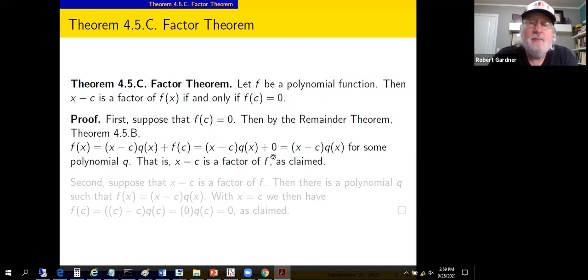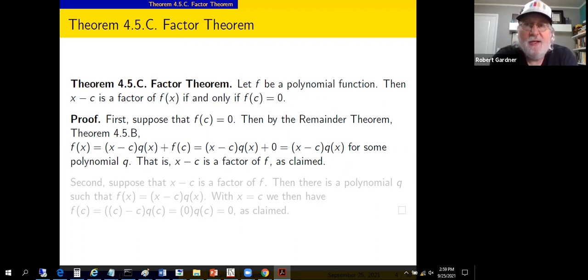Plug that in there. That disappears. We get x minus c times q of x equals f of x. Well, that means x minus c is a factor of f of x, because f of x equals x minus c times something. That something is whatever q of x is. But to say we have a factor of a polynomial function is the same thing as to say we have a factor of a whole number.